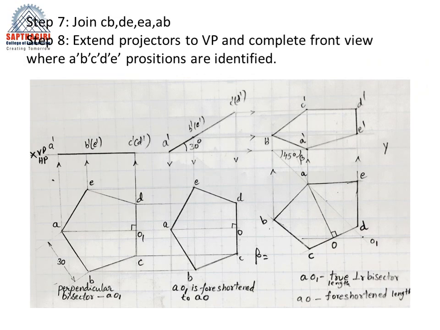Complete the pentagon as represented. A, B, C, D, E is directly identified, and this procedure takes fewer lines and complications. Extend AO till the XY line and identify the beta position and complete the final view. Beta position means beta angle, whatever the angle is, you can represent it here and complete the final view.